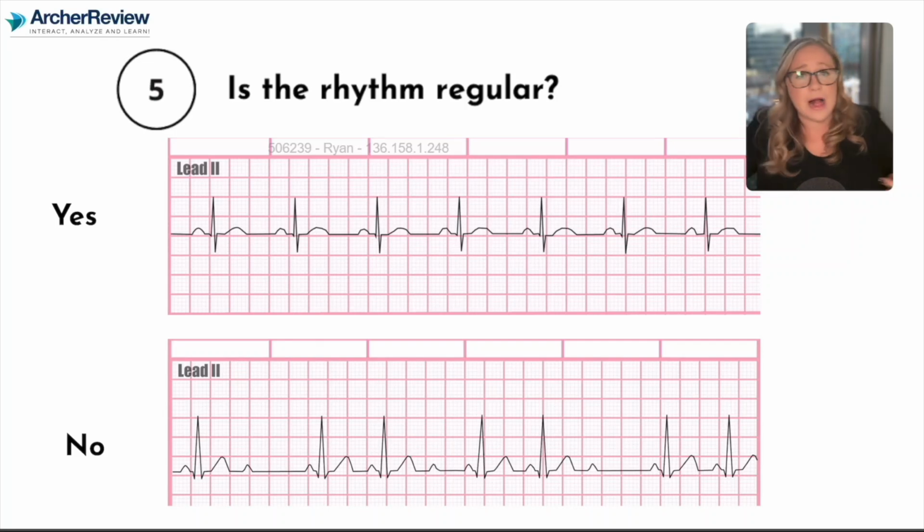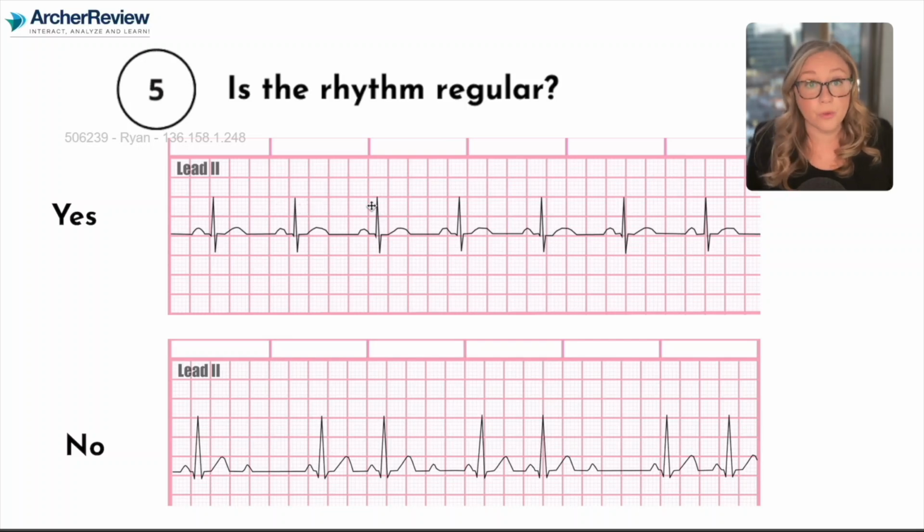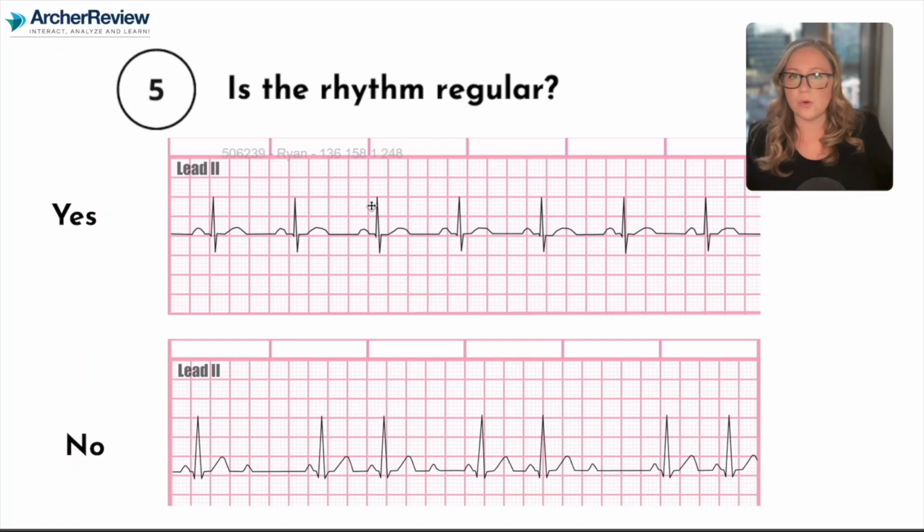So to evaluate that more objectively, look at these 2 rhythm strips and count the number of big boxes between your QRS complexes. On this rhythm up here at the top, we have 1, 2, 3, about 4 big boxes. Then between the next 2 sets, we have 1, 2, 3, about 4 big boxes, so on and so forth. You can see that these QRS complexes are regular.